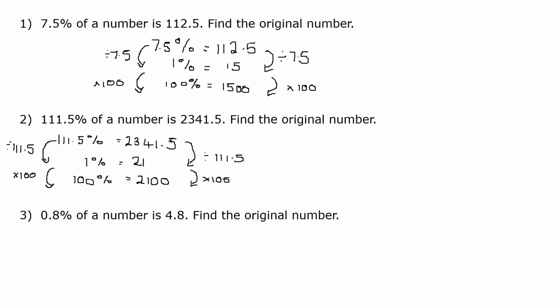And finally, I've got 0.8% of a number is 4.8. Find the original number. So again, exactly the same method. 0.8% is equal to 4.8. I'm going to divide by my percentage, so I'm going to divide both sides by 0.8.